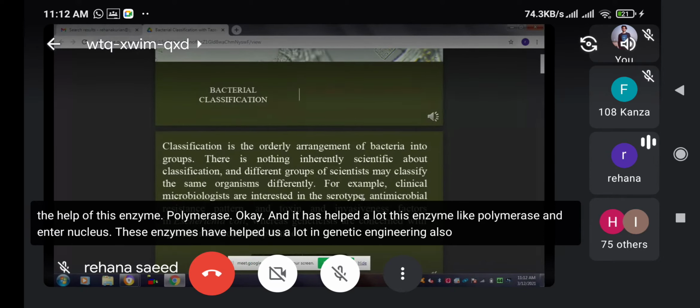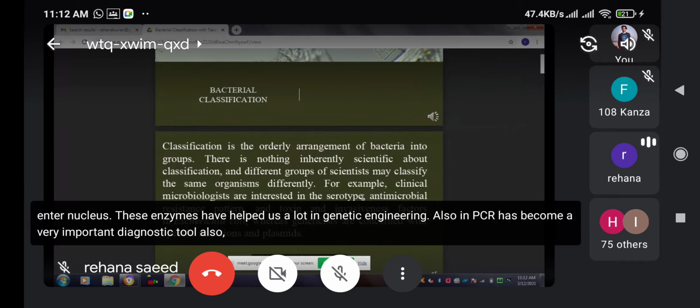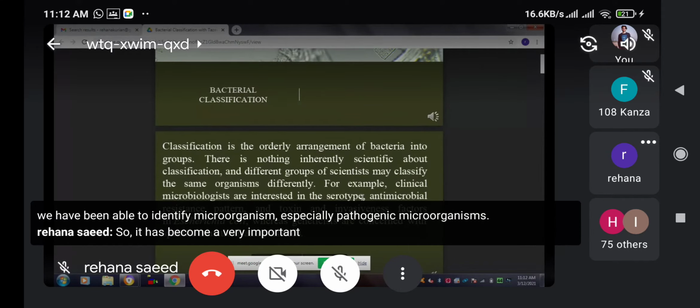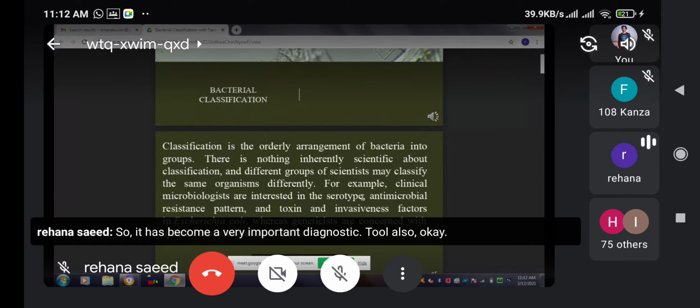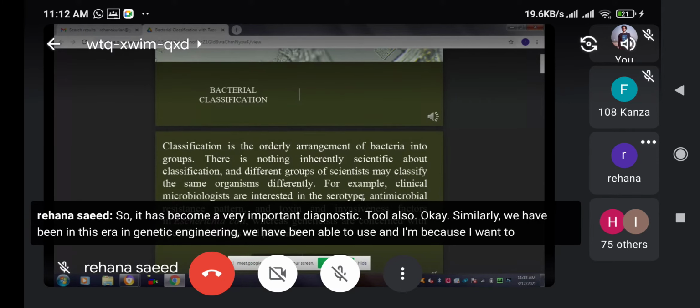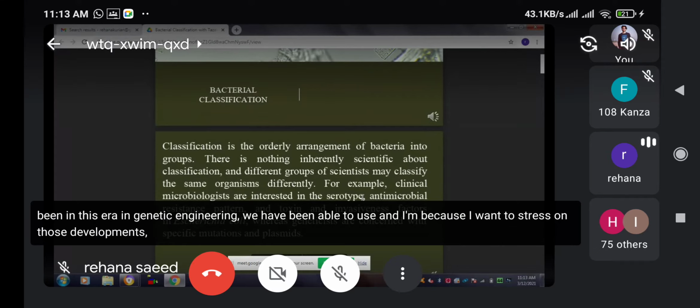And PCR has become a very important diagnostic tool also, because with the help of PCR we have been able to identify microorganisms, especially pathogenic microorganisms. Similarly, in this era in genetic engineering, we have been able to use... I want to stress those developments which have been based on microorganisms.